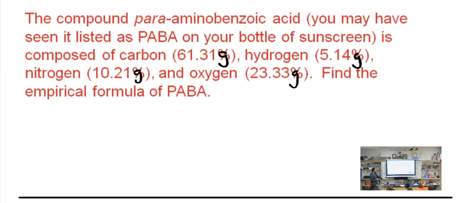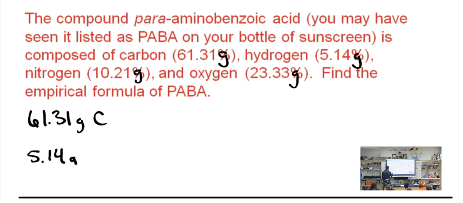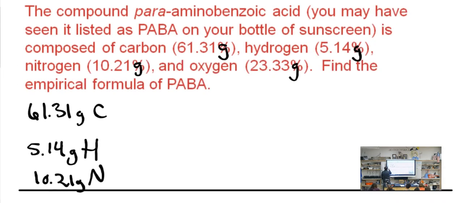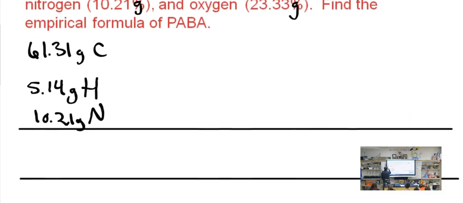I'm going to put 61.31 grams of carbon. Then underneath that, 5.14 grams of hydrogen. Underneath that is 10.21, and that would be nitrogen. And 23.33 of oxygen.